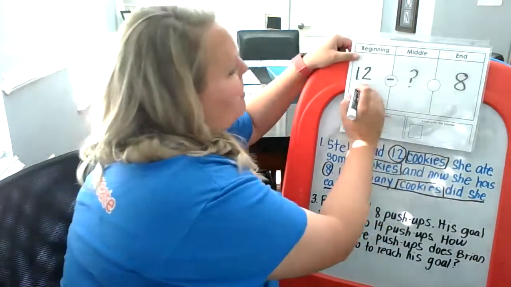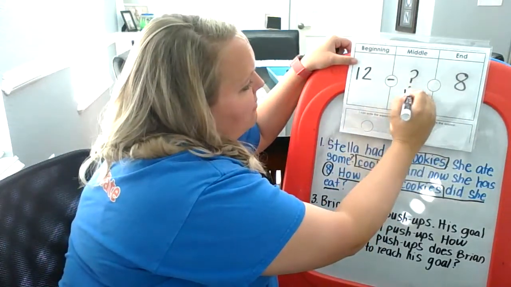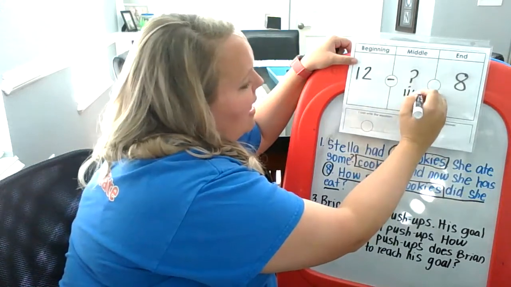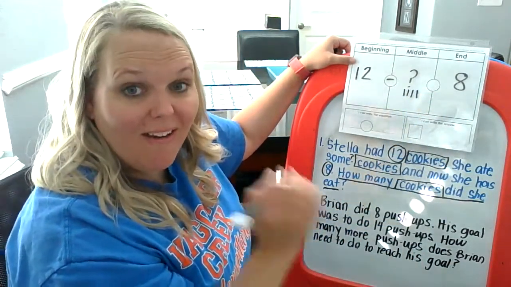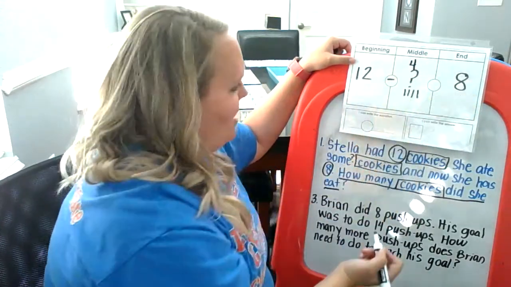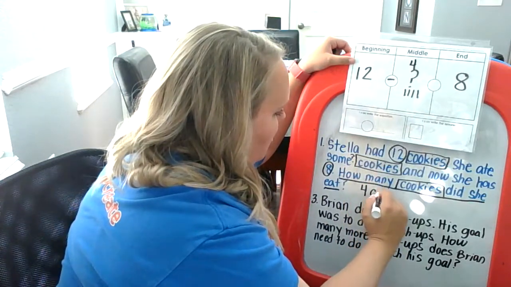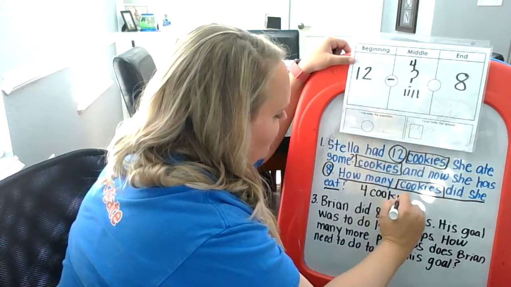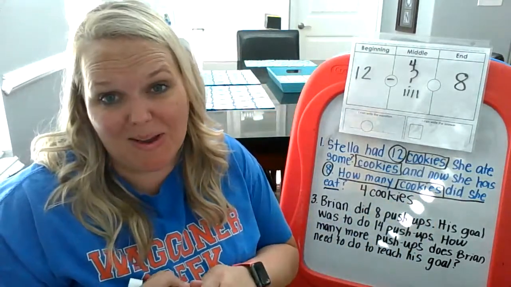So I'm going to count back to 8. 12, 11, 10, 9, 8. How many tally marks do I have there? 4. Very good. So 12 minus 4 equals 8. So Stella must have ate 4 cookies. And I always want to put my label in there so I remember what I'm talking about.